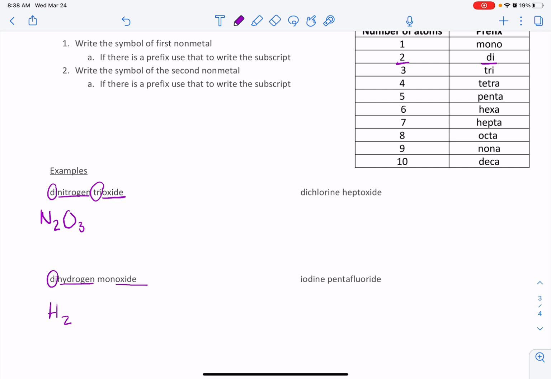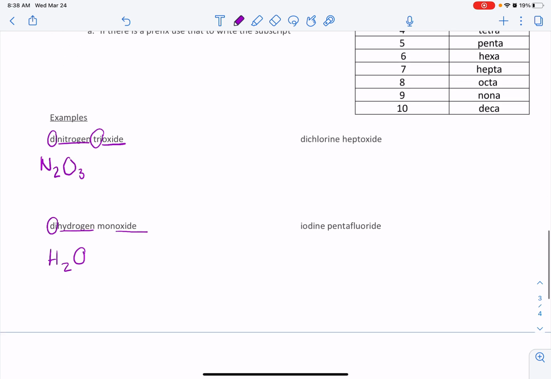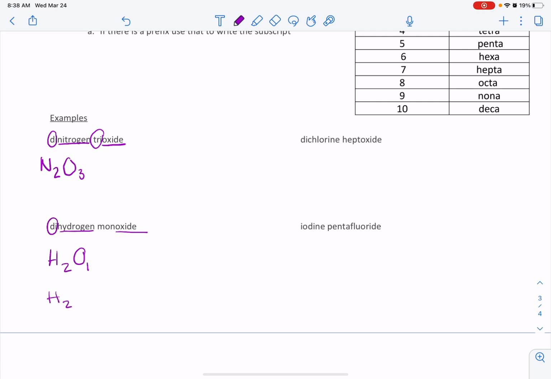So oxide again, that's our O. And when we see mono, the prefix mono gives you a 1. So you can put this as H2O1, or if it's just a 1, you don't need to include it written out. So you could just write this as H2O. And you're probably familiar with this molecule, H2O, water. The chemical name for that is actually dihydrogen monoxide. So that's a fun fact.